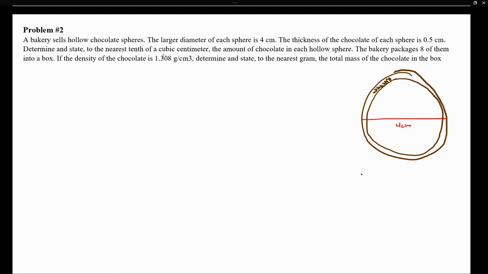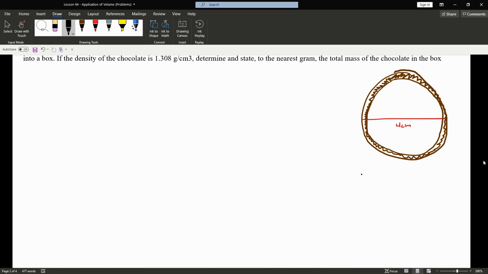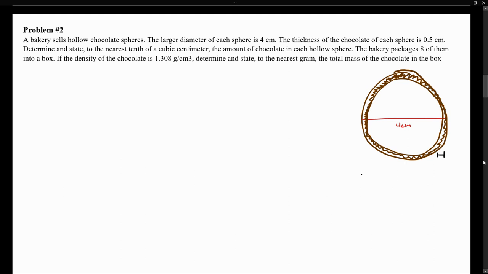So the thickness of the chocolate that is in this sphere, let me just fill it in. The thickness of this chocolate here is 0.5 centimeters. So from here to here, that's 0.5, and from here to here, that's 0.5.